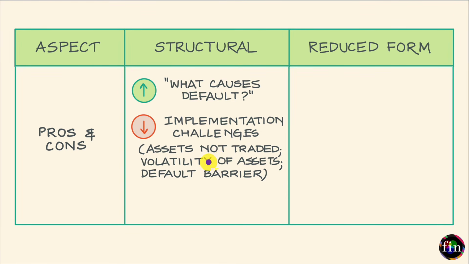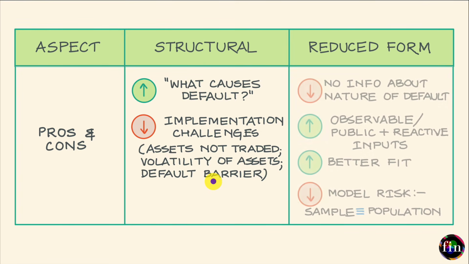And also, in the simple Merton's model, we assumed that the liability structure is a simple one. Okay, the debt is a single zero coupon bond with maturity capital T. In reality, debt will be coupon bonds, and it will be a mix of short-term bonds and long-term bonds. So it becomes difficult to find out what the default barrier is. That means what's the level below which the assets have to fall for us to say that default has happened.